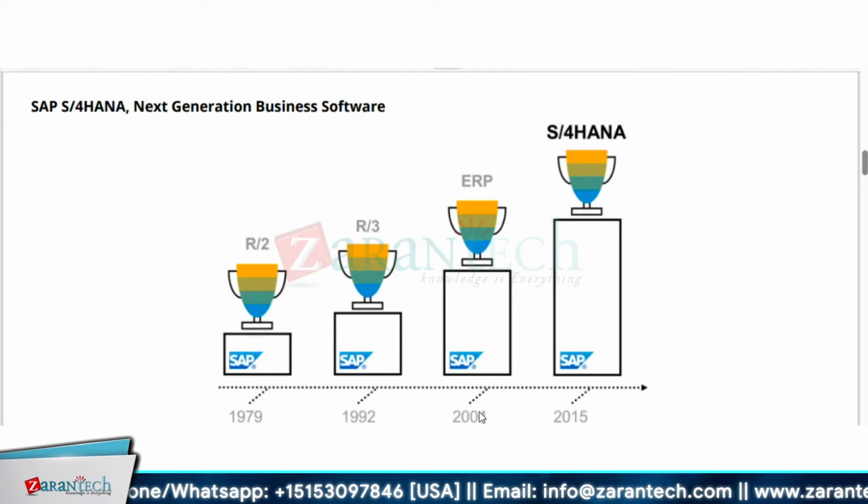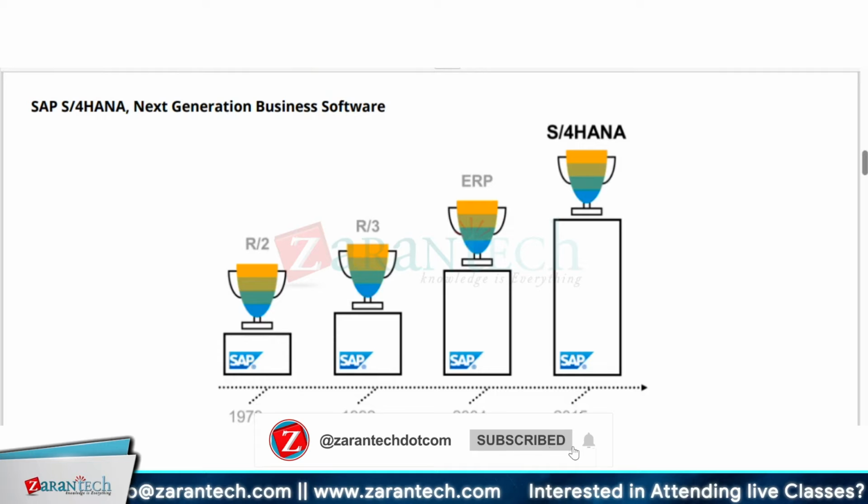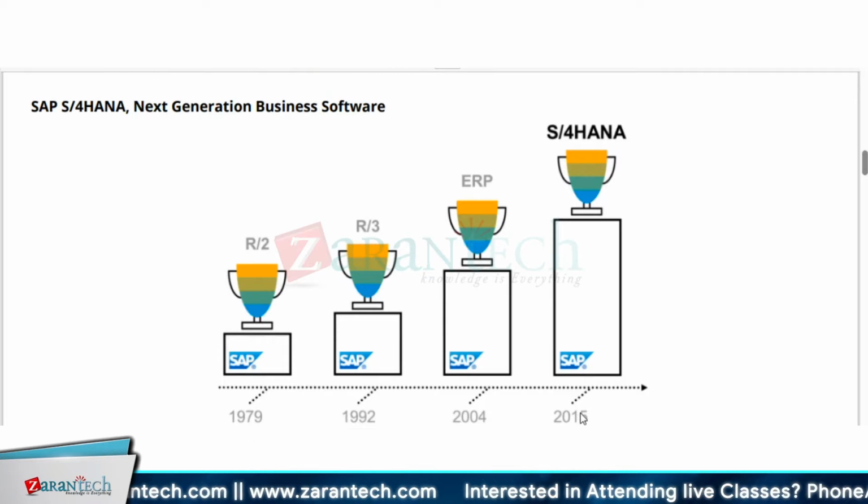Then we moved to SAP S/4HANA, which was a major transition that led to a boom in the industry, and it turned many businesses from different ERPs they were using at that time, such as Oracle and many other ERP systems, to SAP S/4HANA.